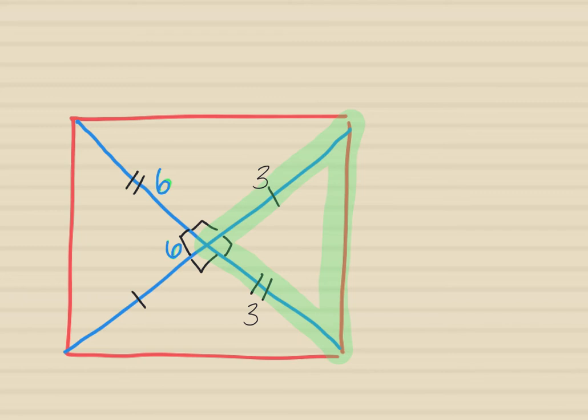This angle is cut in half. And if those angles are cut in half, what are their measures? 45. Because they were originally 90, right? Based on the definition of a square. And if we cut them in half, they have to be 45 degrees and 45 degrees.